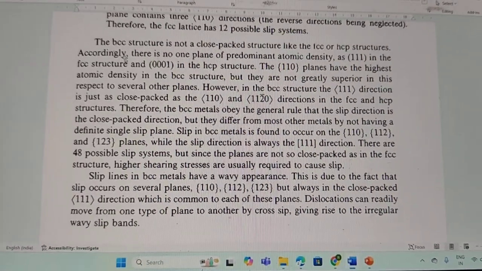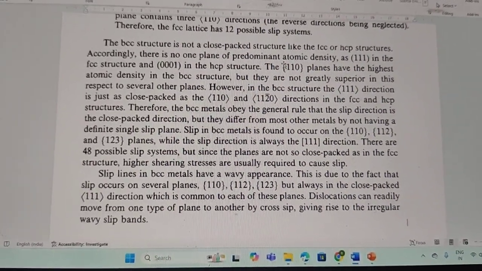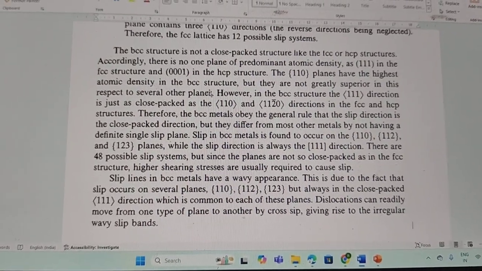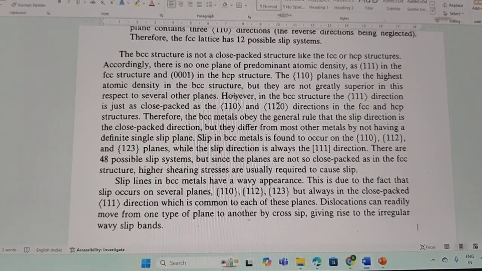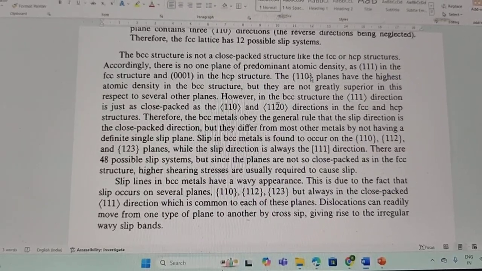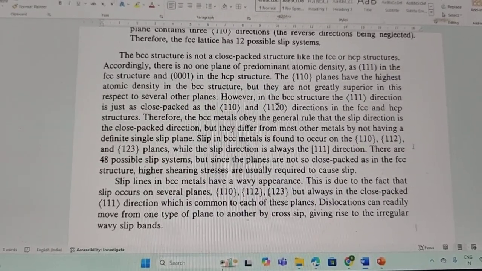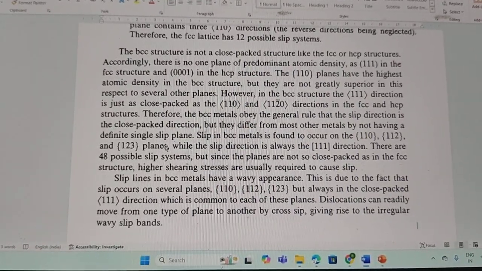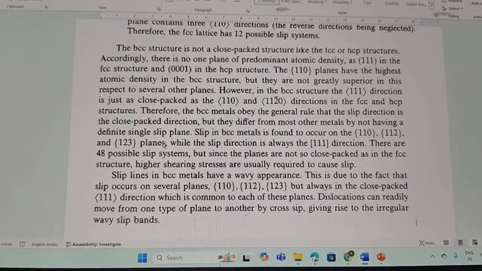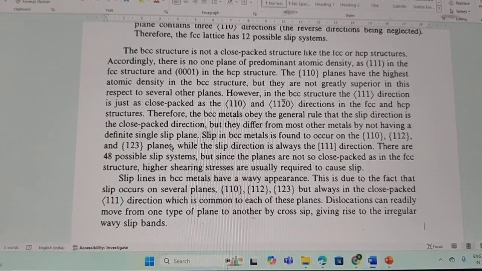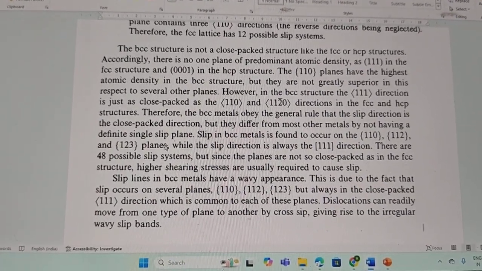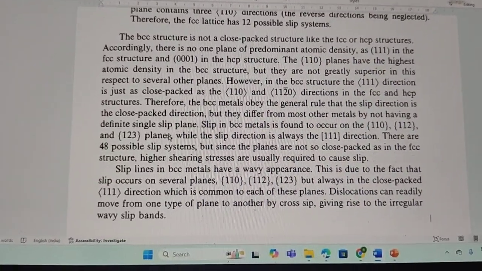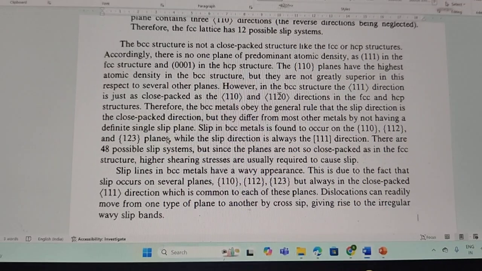So you see here, there is no one plane of predominant atomic density like 111 or 0001. 110 is there a little, 112 is there, 123 is there. These are all of comparable atomic density, but not like FCC or HCP. But there are a number of planes, 110, 111, 112, 123, in which slip can occur.